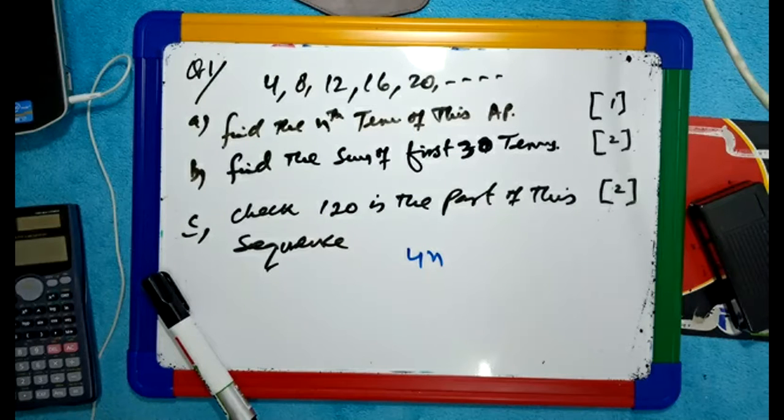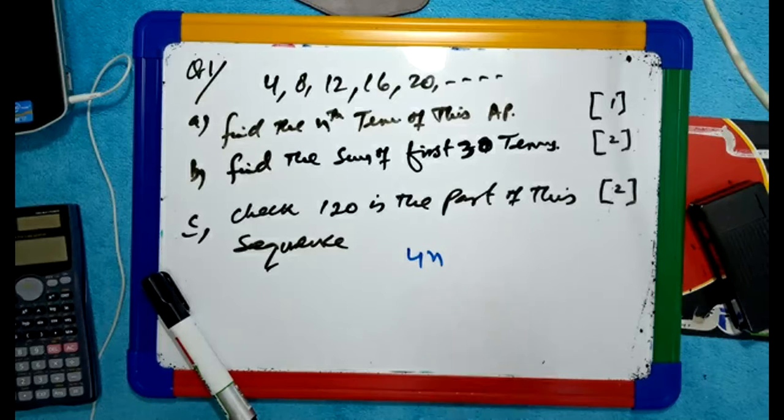Oh, I put plus 3. I know where my mistake was. It's just 4n, plus 0.